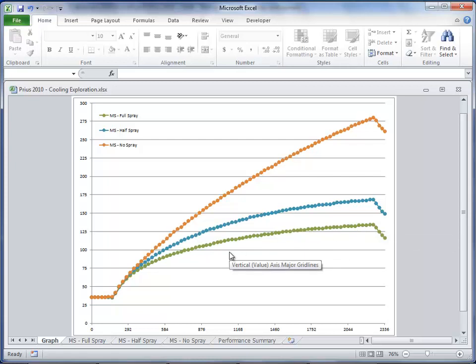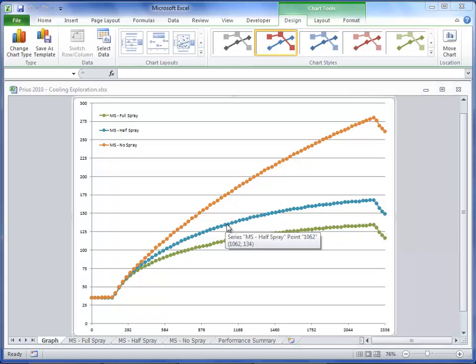So if we look at that being the case, the full spray motor condition can go all the way out to just under 40 minutes of operation at 25 kilowatts of power output.